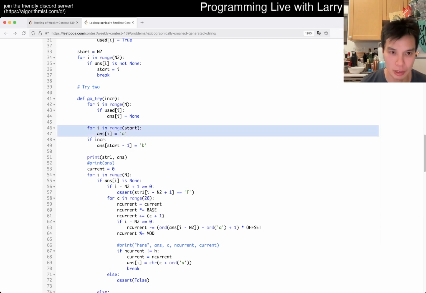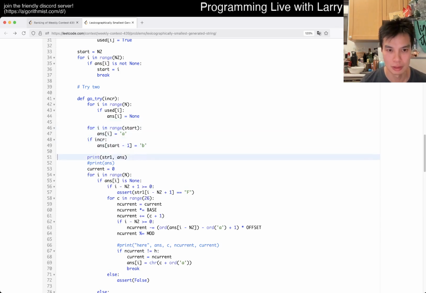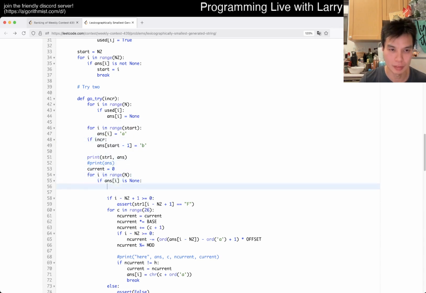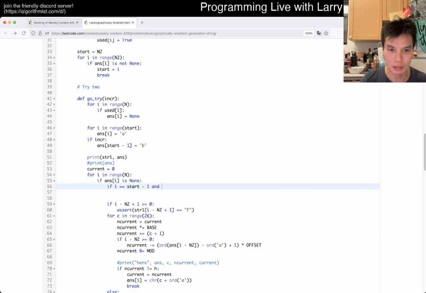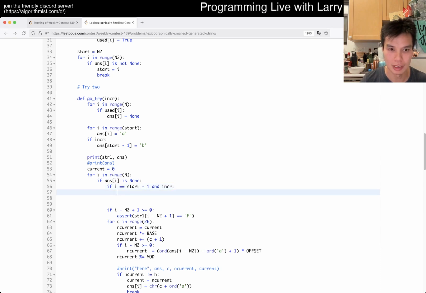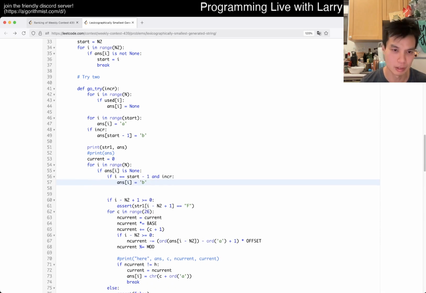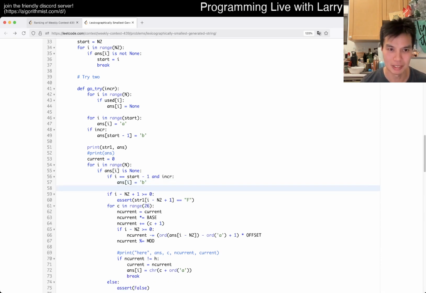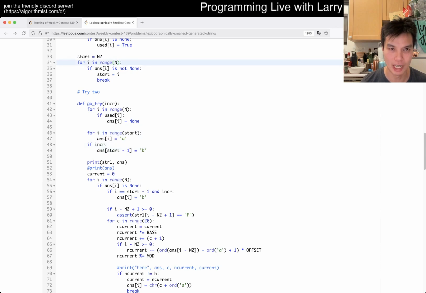So start, okay, so then here, if I is equal to start - 1 and increment, then answers of I is equal to B. Because otherwise, I don't know if that works actually. And we want to go all the way to N.